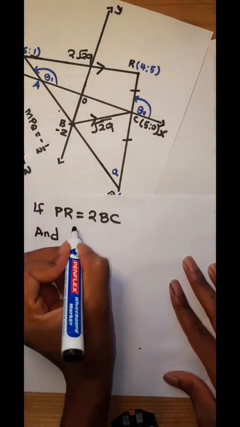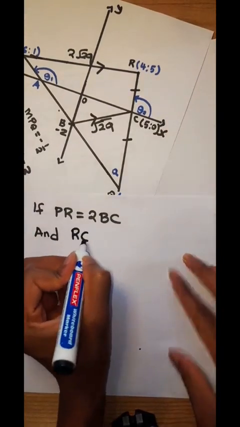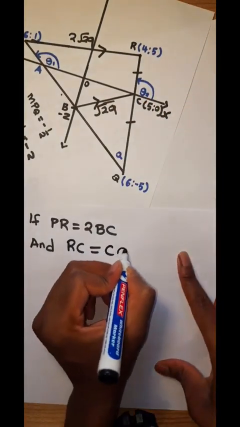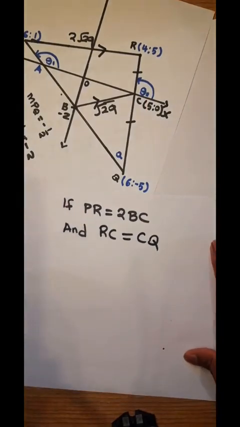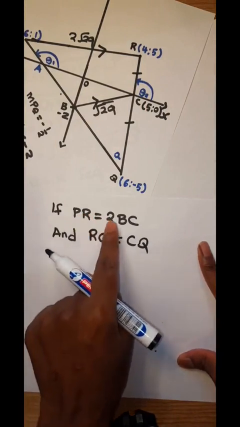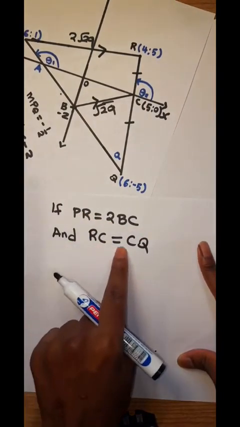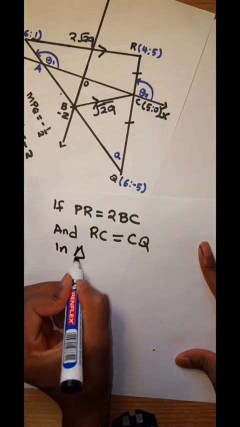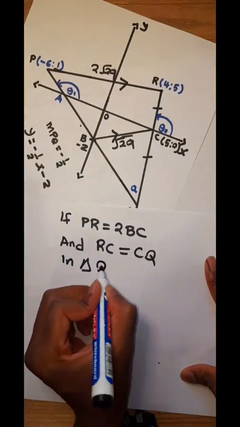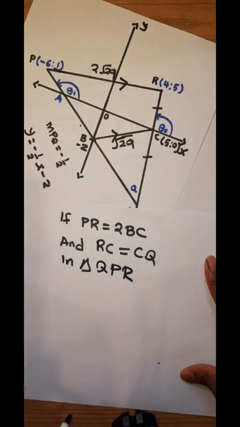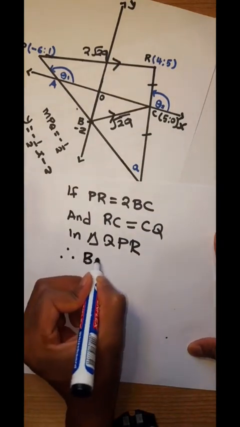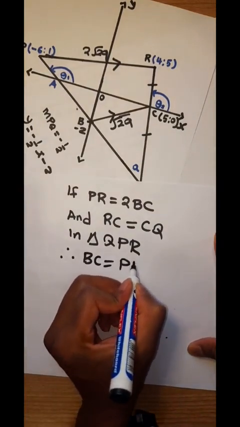And RC equals CQ, right? Therefore, let me just say, if PR equals 2 BC and RC equals RQ in triangle QPR, right? Therefore, BC is parallel to PR.